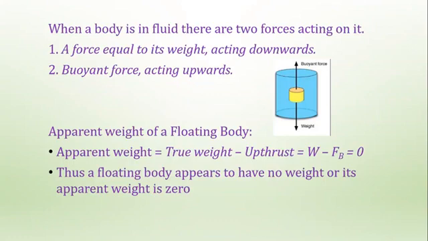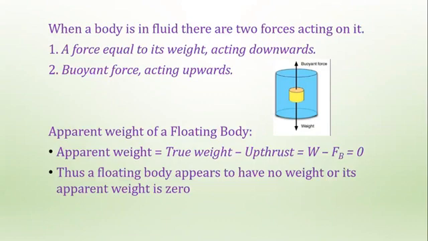Apparent weight means the body does not have its real weight when it is inside the liquid. You must have seen that an object which appears heavy in air, when you dip it in water, appears lighter. Why? Because the buoyant force balances some weight of the object.